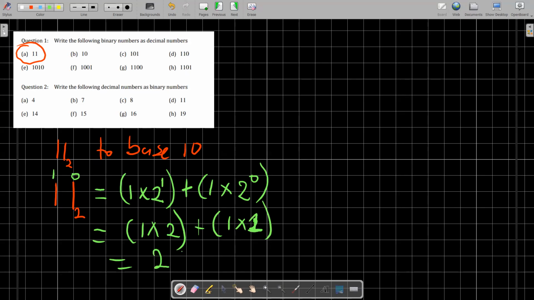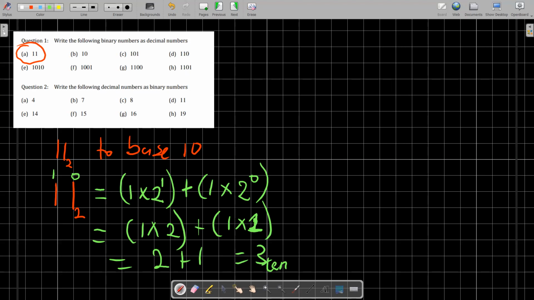Therefore, 2 times 1 is 2, plus 1 times 1 is 1. And finally, your answer is 3. If you choose to write 3 with a subscript 10, it's the same as just leaving your answer as 3. If you write 3 without anything below, it means that it's a number in base 10.